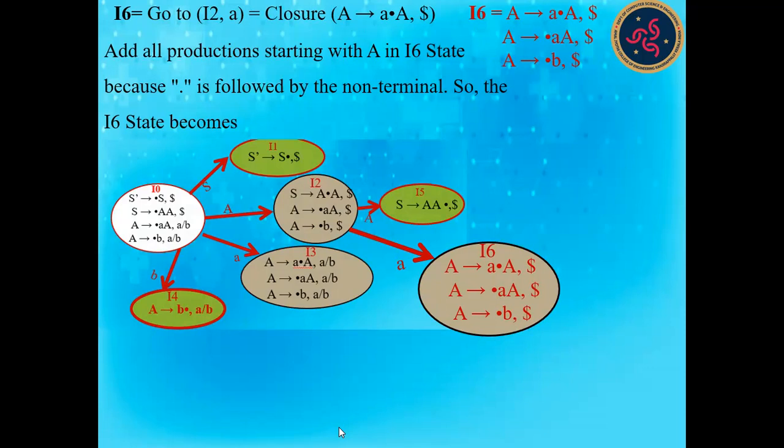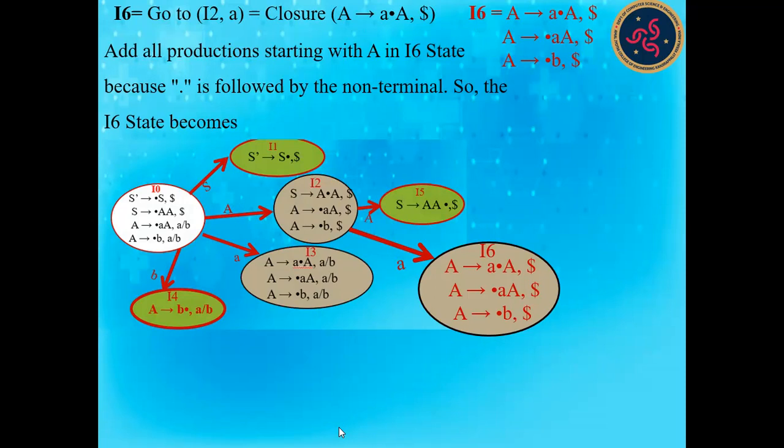In I3 the look ahead symbols are A or B, and here the look ahead symbols are dollar symbols. Even though the productions are the same, the look ahead symbols are different, right? So we have to take it as a different state. We can't take it as the same state, because the look ahead symbols are different in these two states.